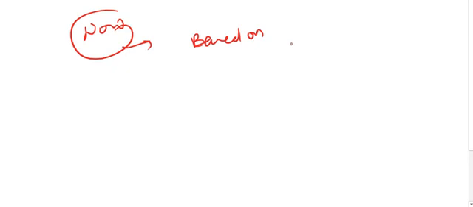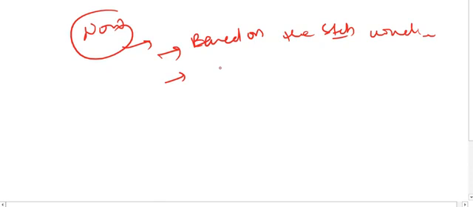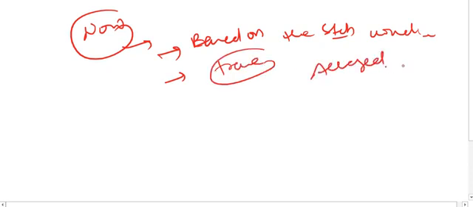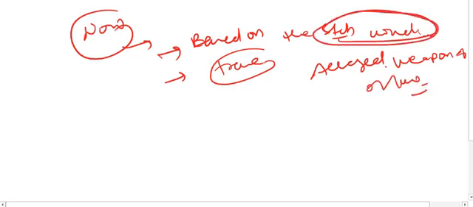So now, based on the stab wound on the body, we can trace the alleged weapon of offense, or we can give an opinion based on the characteristics of the stab wound caused by a particular weapon or some similar kind of weapon.